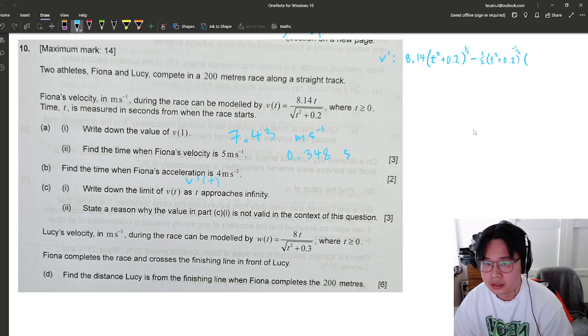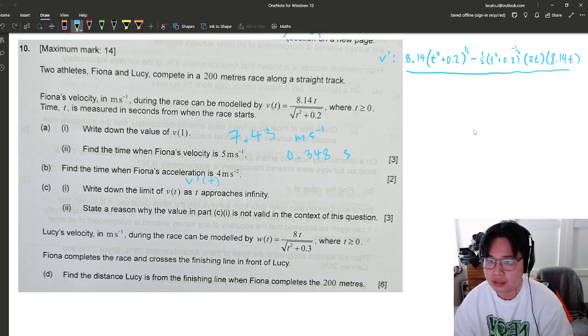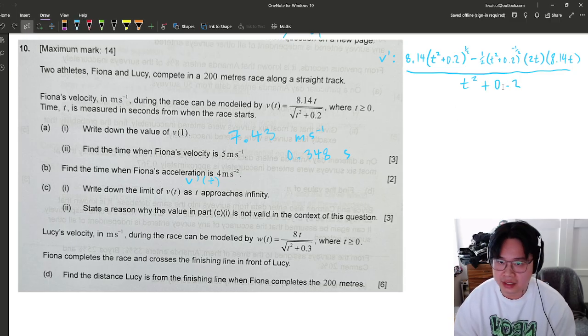Okay, chain rule, 2t, and then the top function. Oop. Square the bottom. Okay, so there's your acceleration. Find out when this is 4.